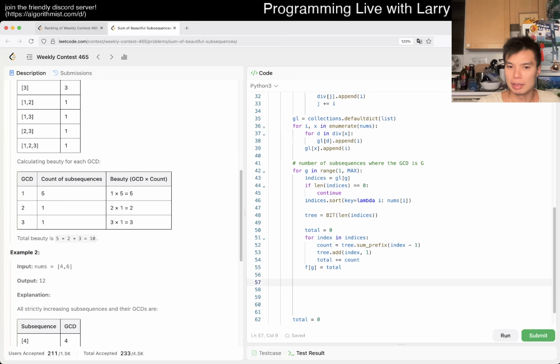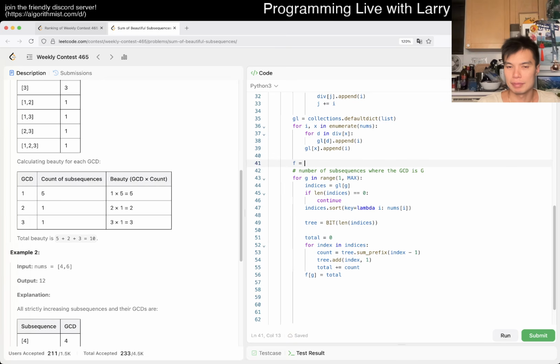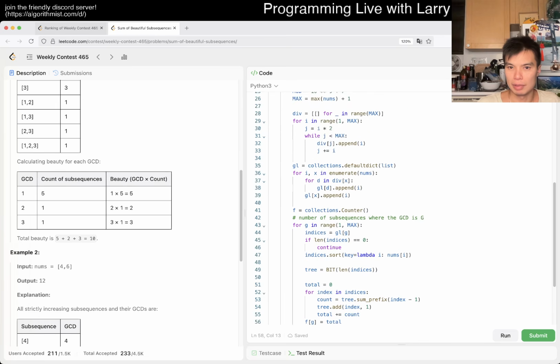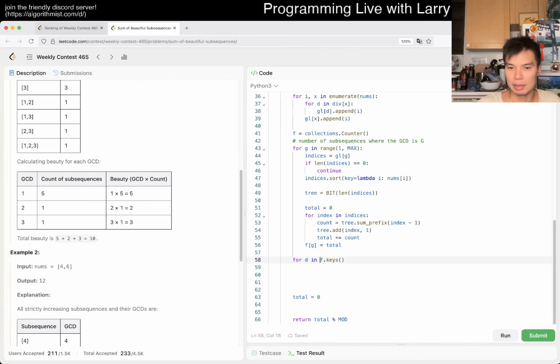And then the tricky thing is trying to get back to it, right? Same as before, really. For d in f dot keys.